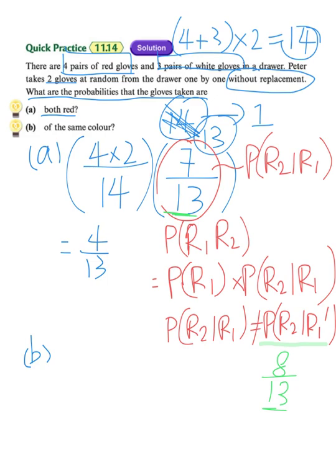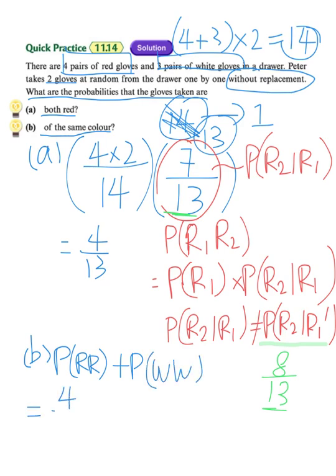Now here, the final probability is that of the same color. Same color means you can have both red or you can have both white. So we can use the part A result and then calculate the WW probability.